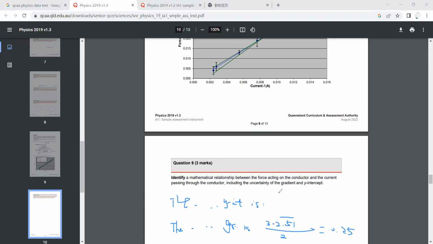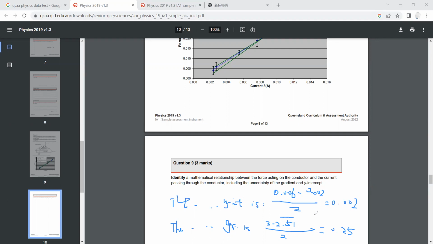What is the uncertainty of the y-intercept? The maximum value is 0.06 minus the minimum one, 0.02, divided by 2, which gives us the value 0.002.